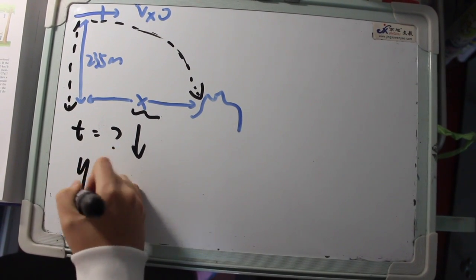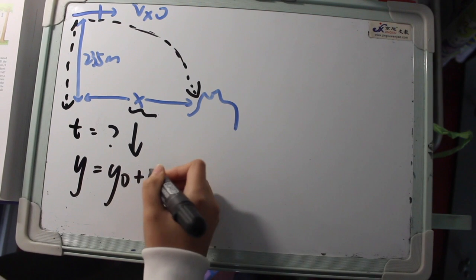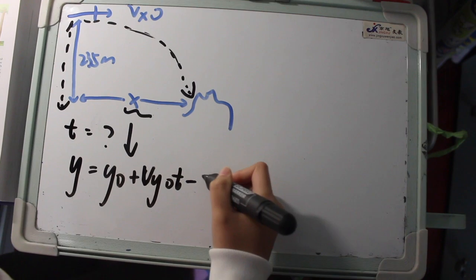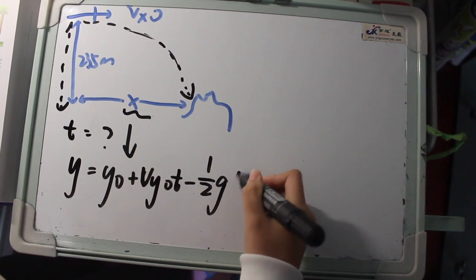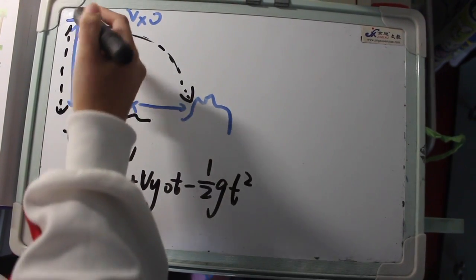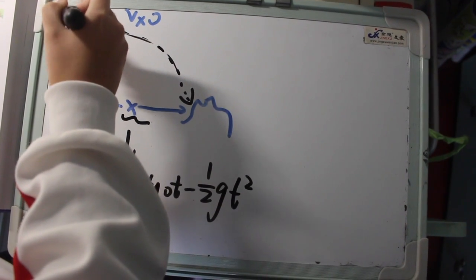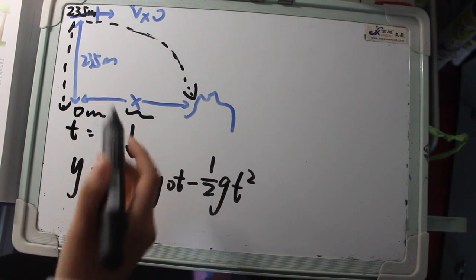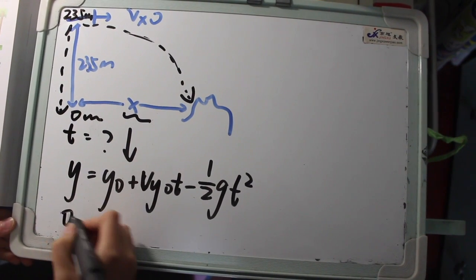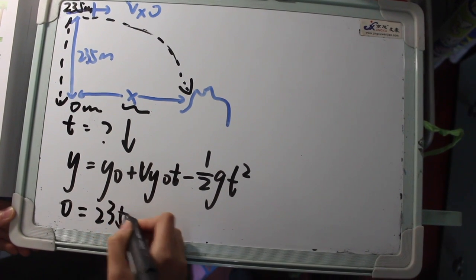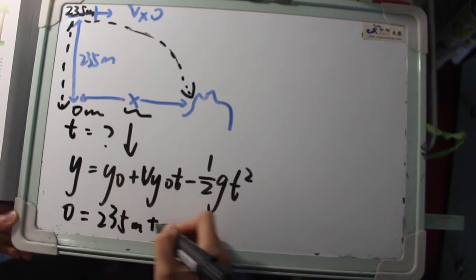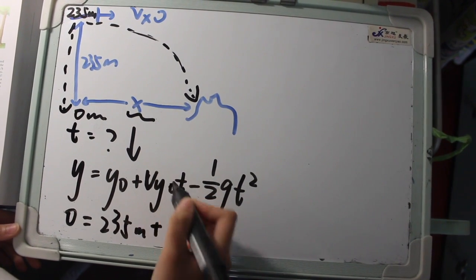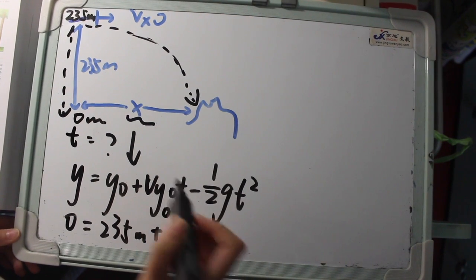Then we can use this formula. Suppose there is 235 meters. There is 0 meters. Then we can get, because Vy0 is 0.